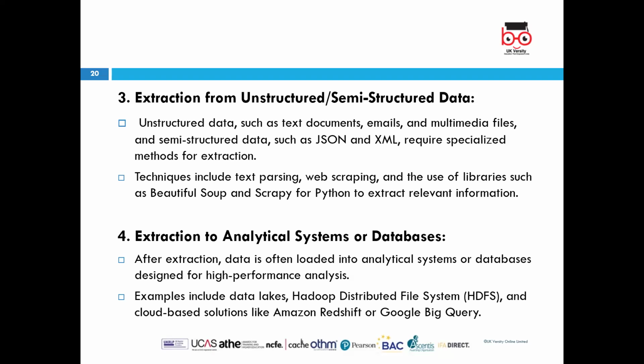When it comes to unstructured data, as we mentioned, this can be extracted from text documents, emails, or multimedia files. And semi-structured data is retrieved from JSON and XML, which require specialized methods for extraction.